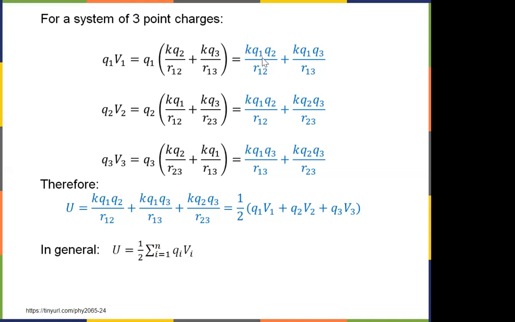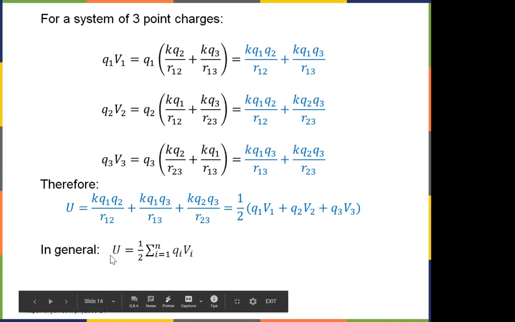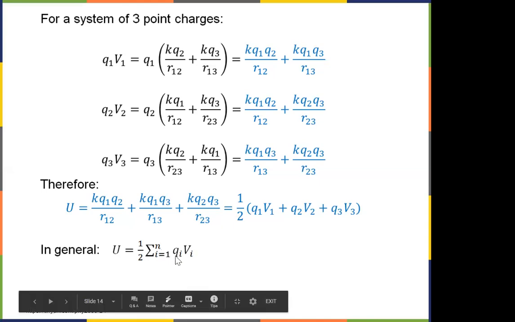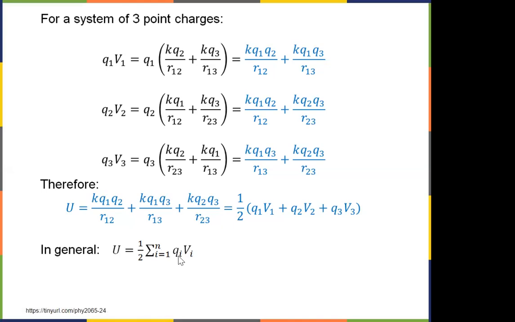This one is the same as this one, this one is the same as this one. So in general, the electric potential energy for a system of n charges is equal to one half of the summation from i equal to 1 to n of QiVi, where Qi is the charge and Vi is the electric potential at that charge.